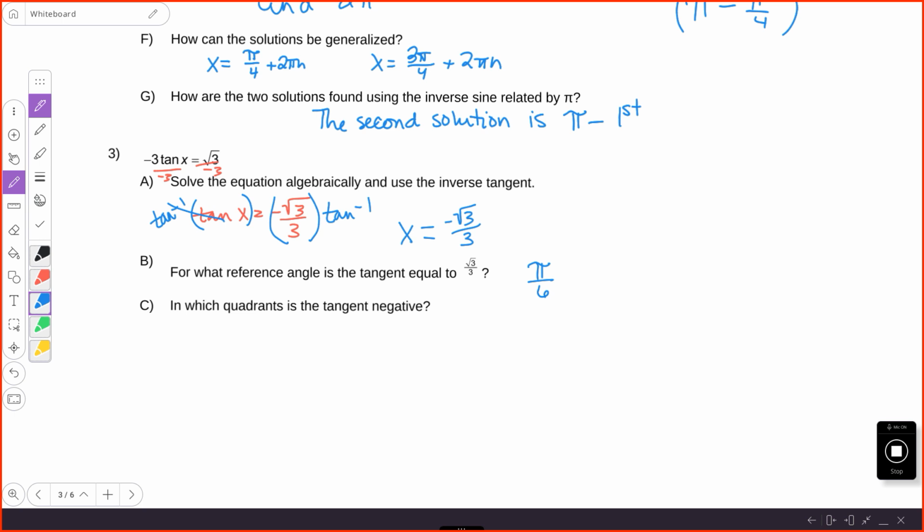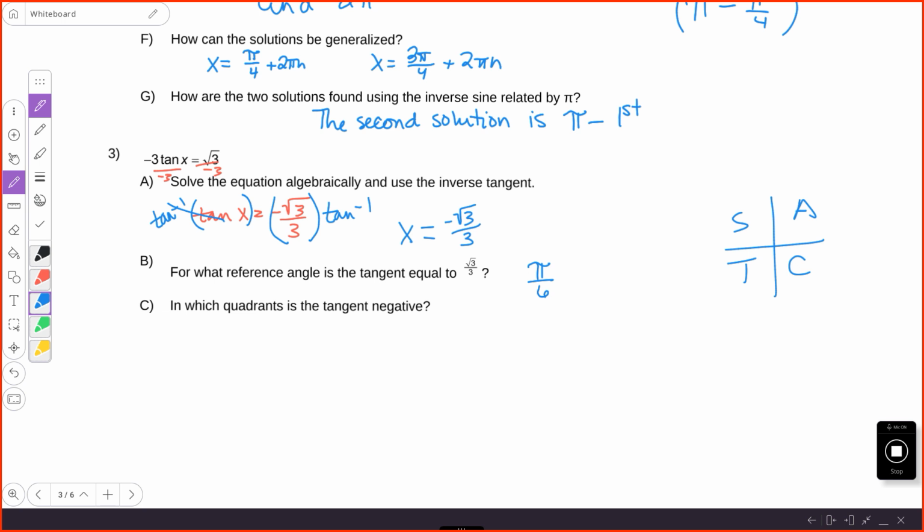In what quadrants is tangent negative? 3 and 4. Close. So remember, that's where they're positive.